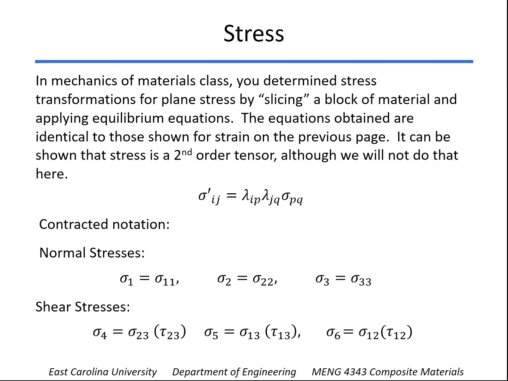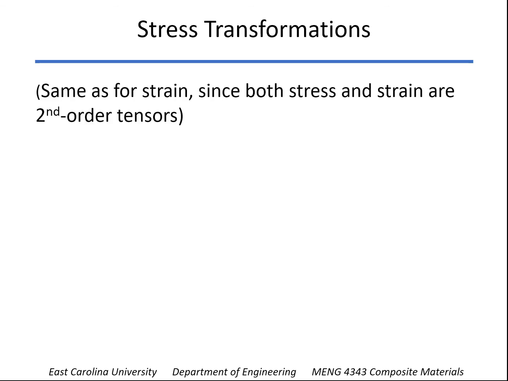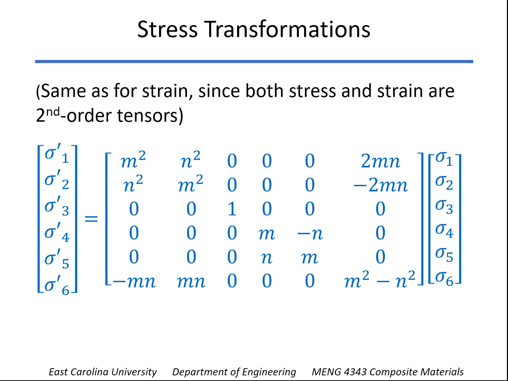But again, with a contracted notation, we're just going to call them sigma 4, sigma 5, and sigma 6. And so our transformations will be exactly the same as they are for strain. So both stress and strain are second order tensors. To transform from one coordinate system into the other, we now know how to do that. We use this same 6 by 6 matrix to do so.